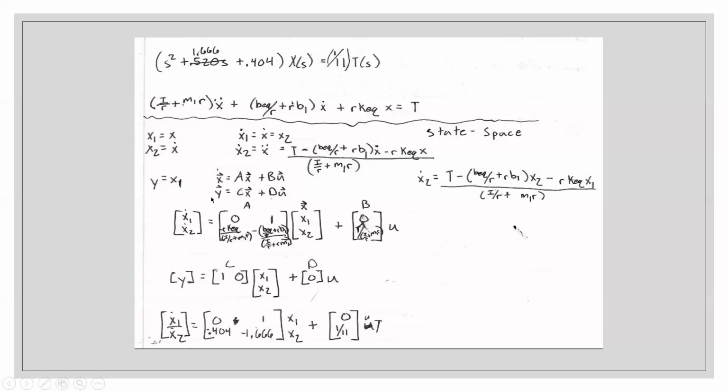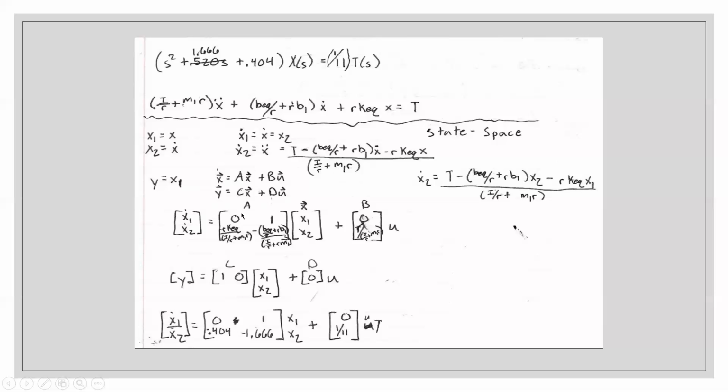So here I'm building our matrices. The x dot vector is equal to Ax plus Bu, and y is equal to Cx plus Du. Here I have our x dot vector. A is 0, 1.